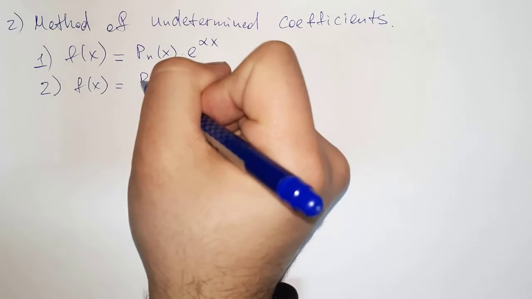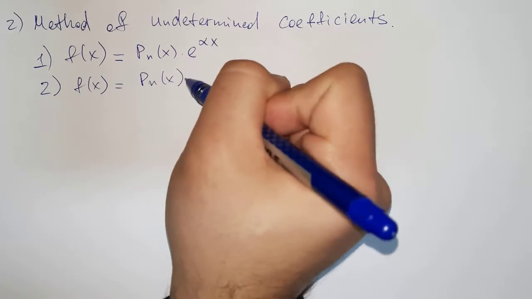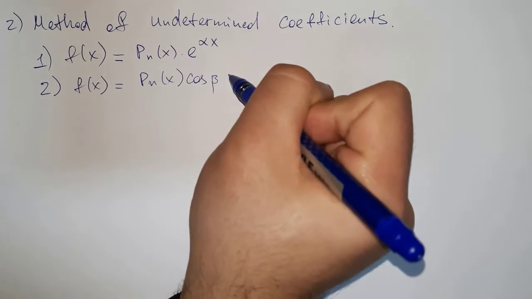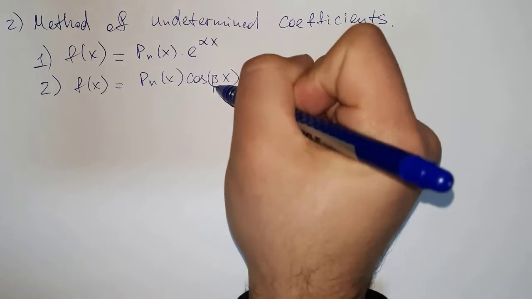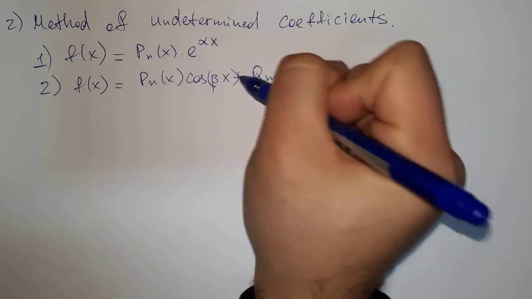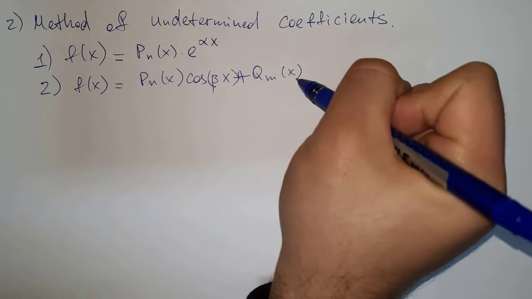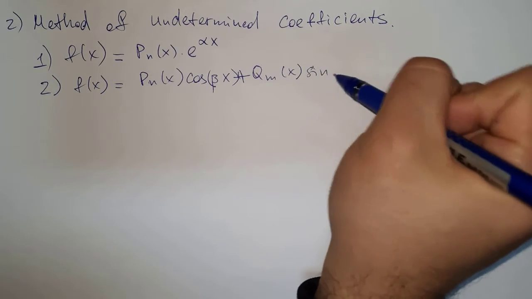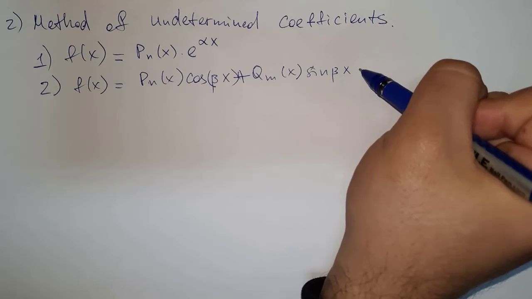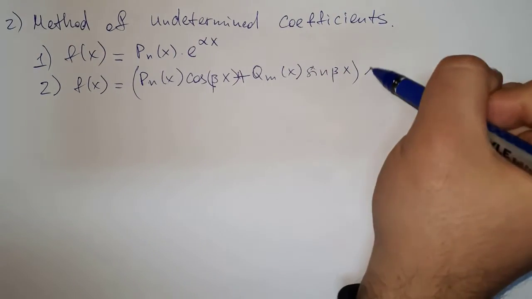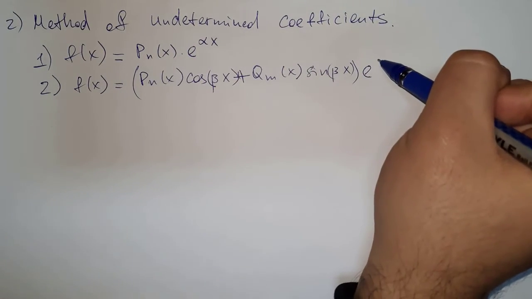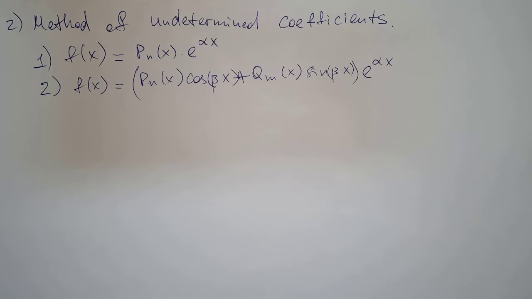We have Pn of x cosine beta x plus Qm of x, a second polynomial, sine beta x, times e to the power of alpha x. So we will find our f of x from these two classes. We don't have any other classes here.